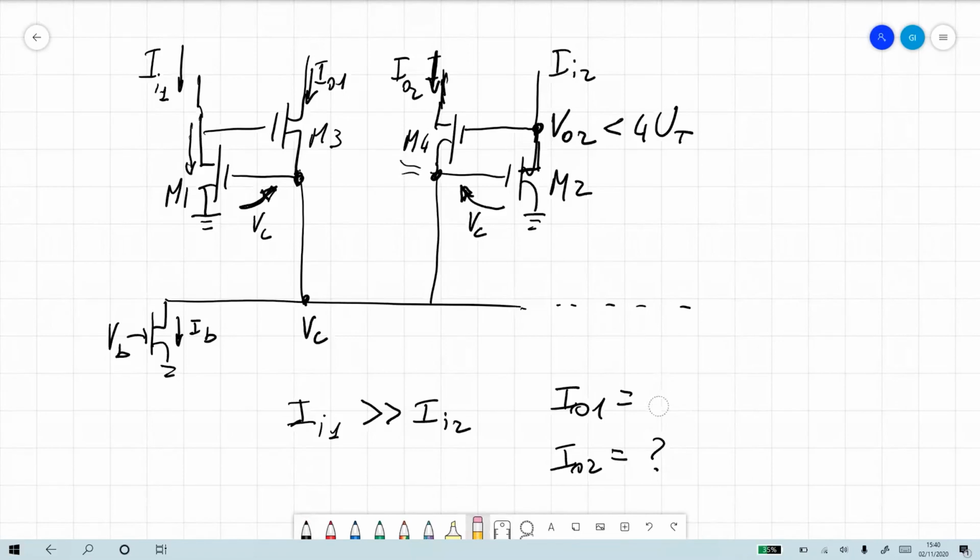So IO1 is going to be equal to IB, and then IO2 is going to be essentially 0, or it's never 0, it's always the leakage current, the dark current, I0.